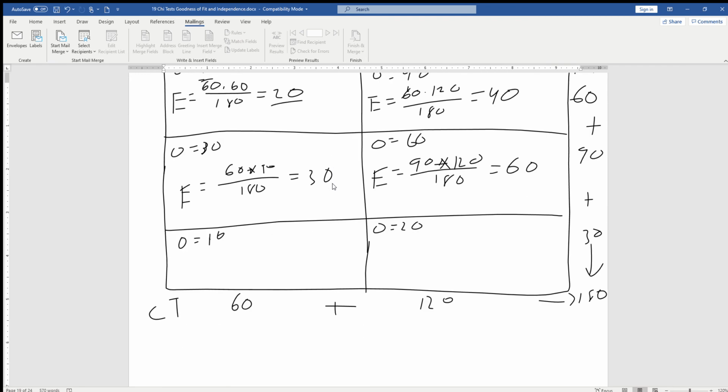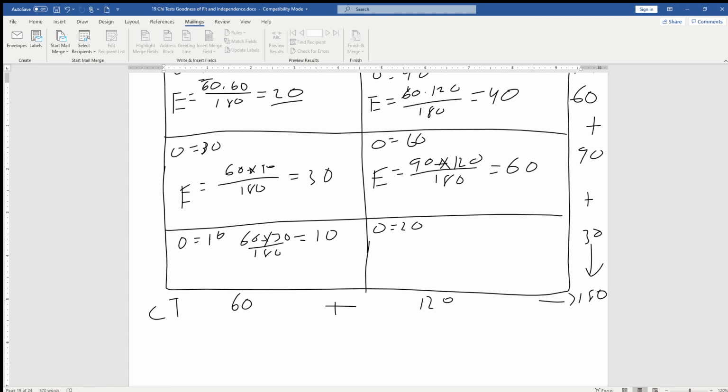And for the last one, we have 60 times 30 divided by 180, and that's exactly 10. And finally, 120 times 30 divided by 180, and that's 20.